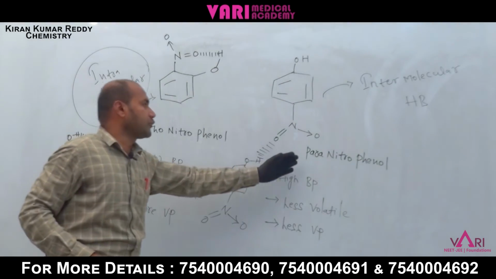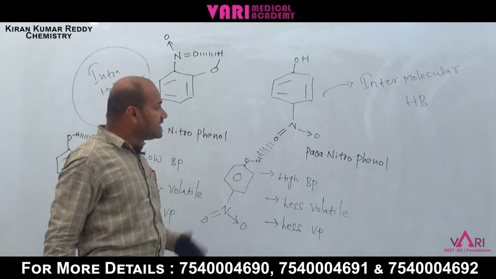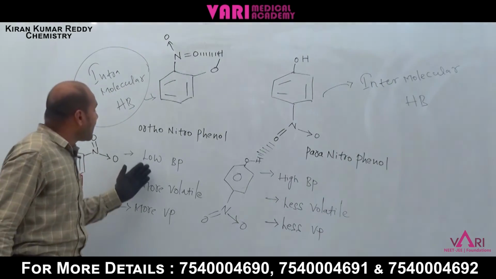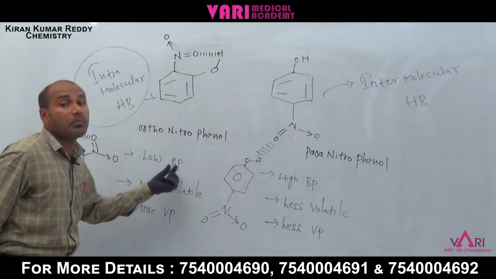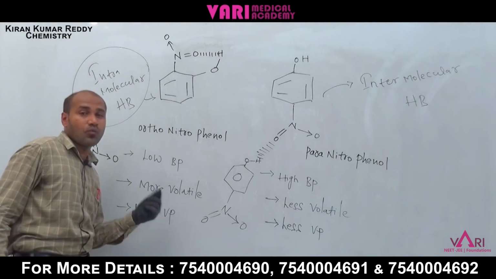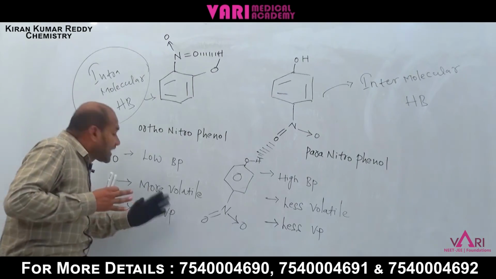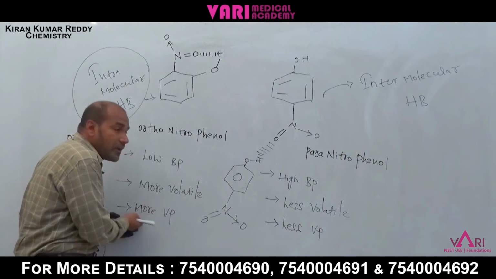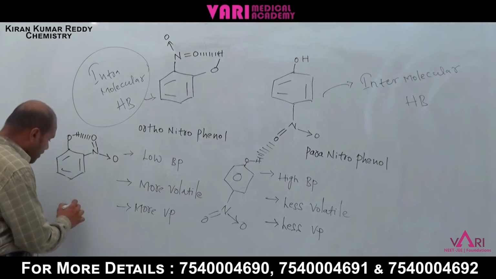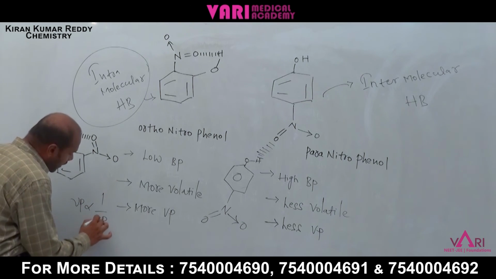Orthonitrophenol and paranitrophenol: in a distillation column, which one is easily evaporated? Orthonitrophenol, because it has a low boiling point and is more volatile. Volatile nature means easily evaporated, that is called volatility. And more vapor pressure: vapor pressure is inversely proportional to boiling point.